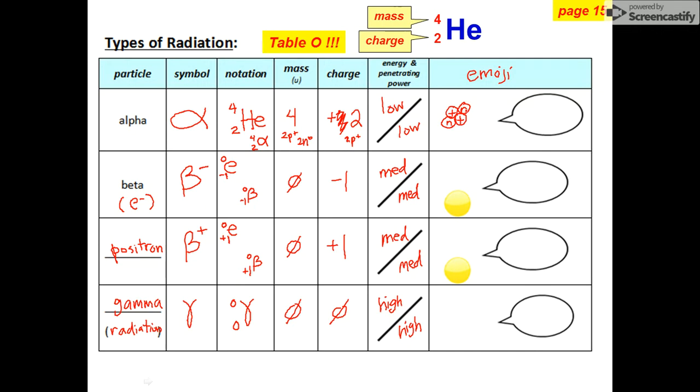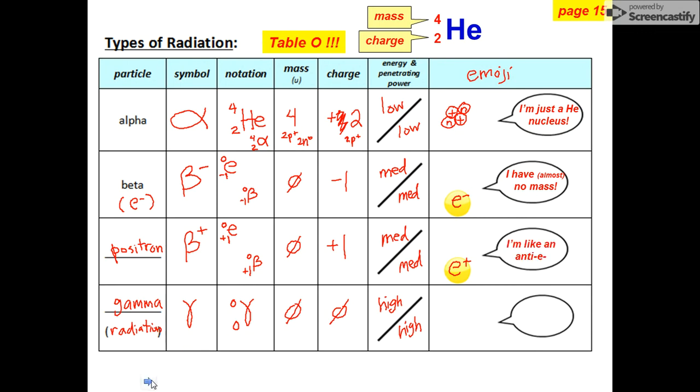There are no electrons. 2 neutrons, 2 protons, and ta-da, here's what it is. It's just a helium nucleus. Okay, this one, it's smaller. It's just an electron. There we go. And what is it saying? Oh, I have almost no mass, or basically no mass. Okay, that's a beta particle or an electron. We've got a positron, which is like an anti-electron, and there we go.